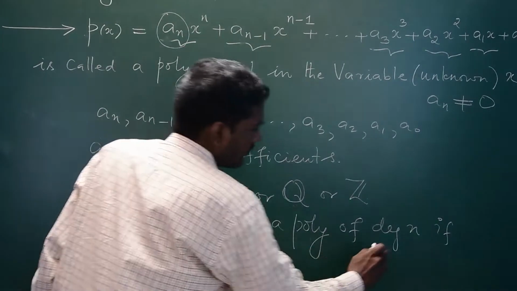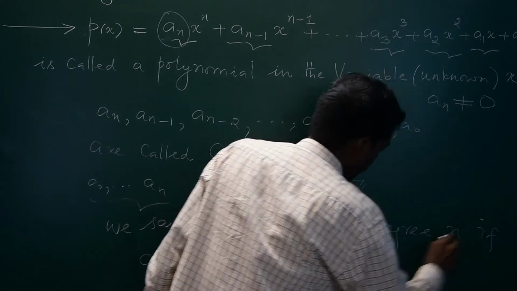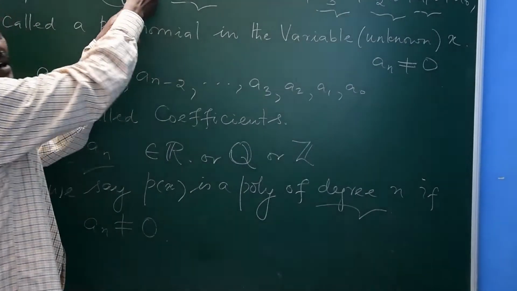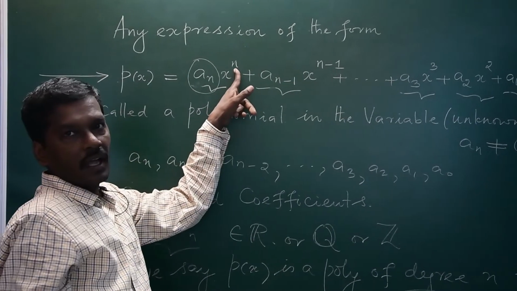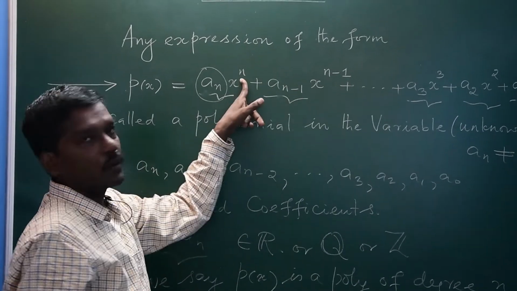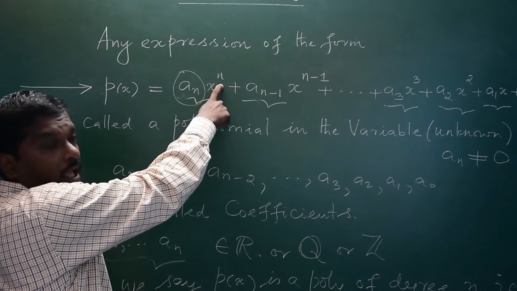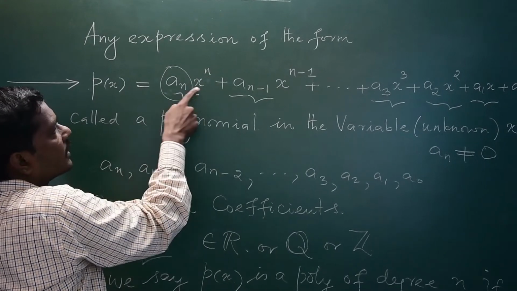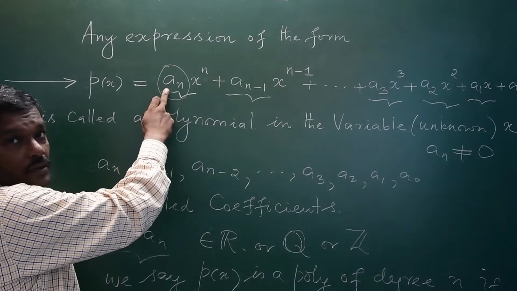Now what is degree? Degree is the highest power term. So the degree of the polynomial is the highest power, and for this polynomial to be of degree n, the corresponding coefficient should not be 0.